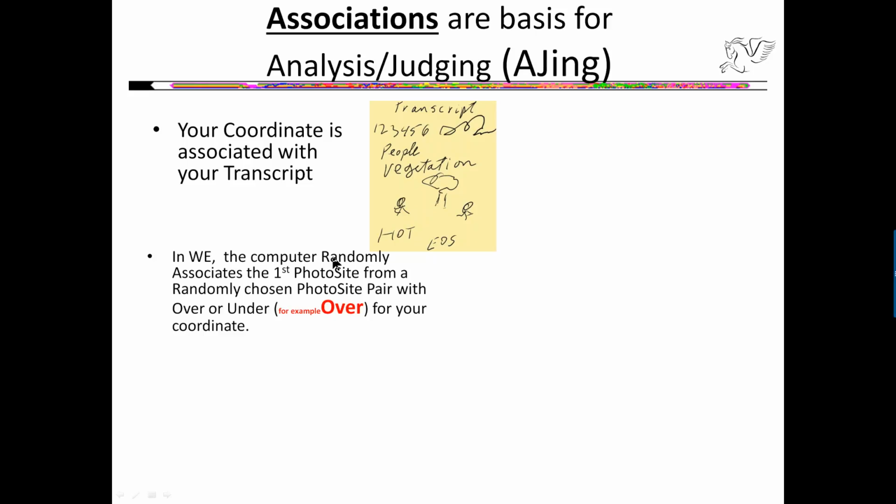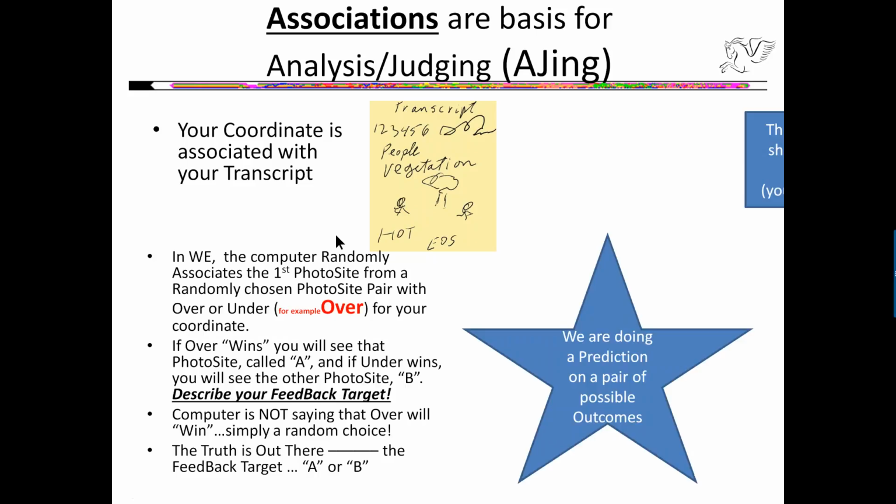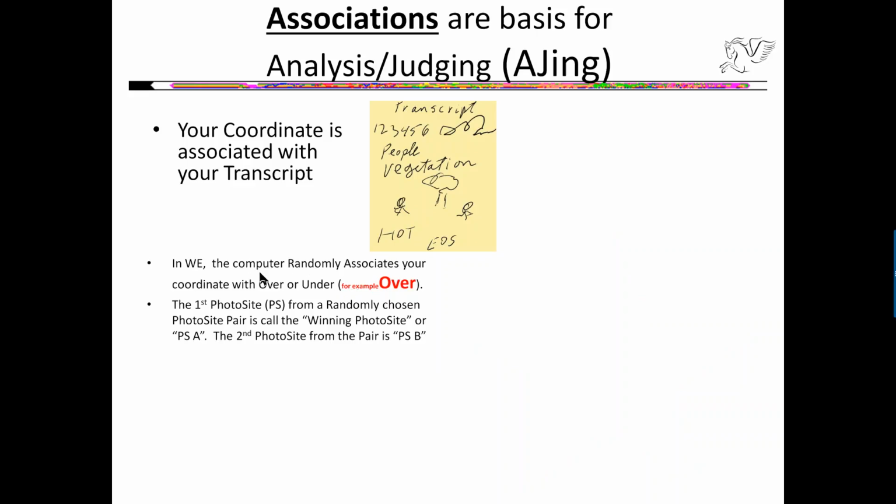In the WE computer, it randomly associates this coordinate, your coordinate, with over or under.